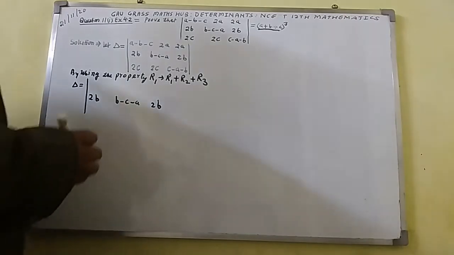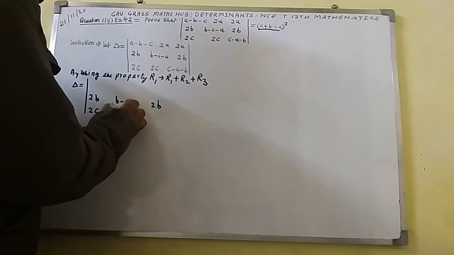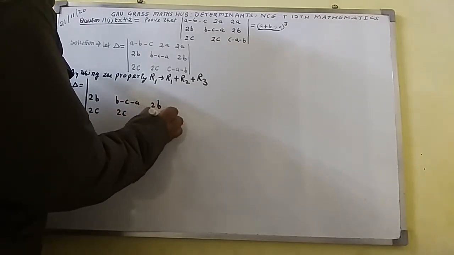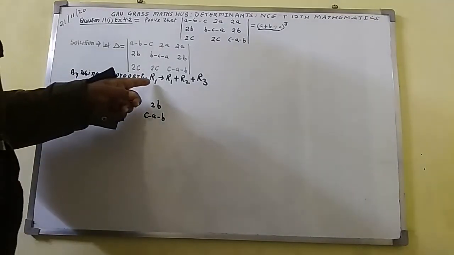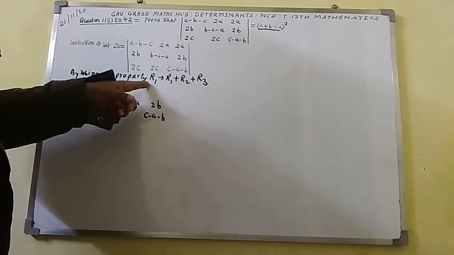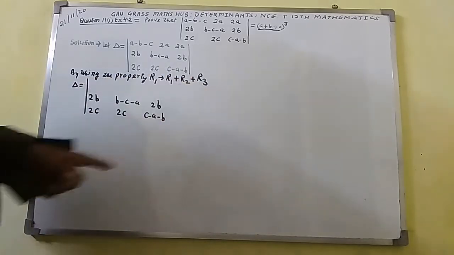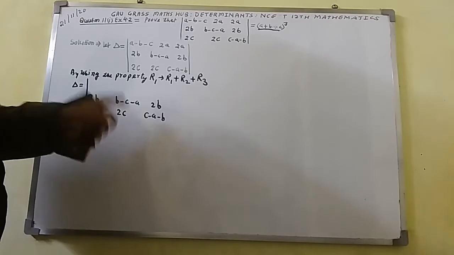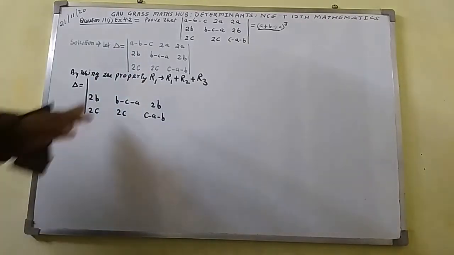And the third row: 2c, 2c, c minus a minus b. R1 goes to means changes will occur only in the first row, that's why the second and third rows are written as they are in the original determinant.